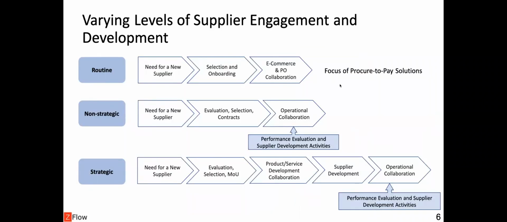The other thing is, once you do settle on a type of categorization for supplier relationships, you can really structure the engagement life cycle based on the needs. For example, if it is routine, things that you can buy off the shelf, you can go to Amazon or Costco or your local Grainger place.